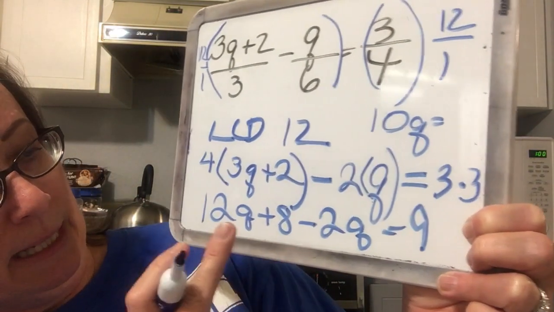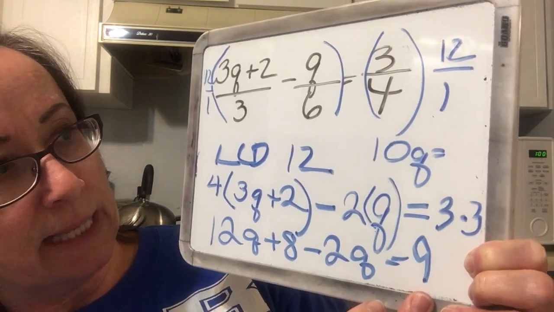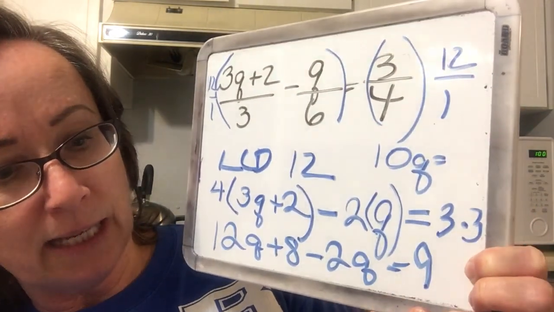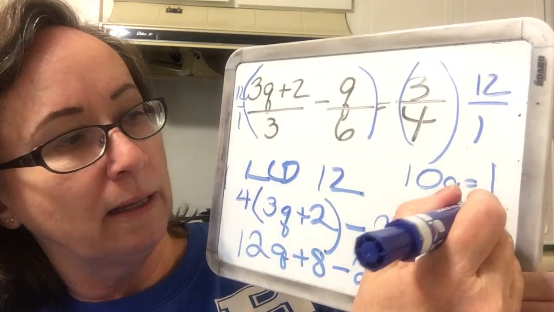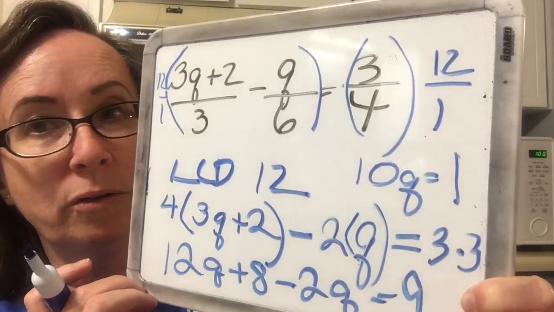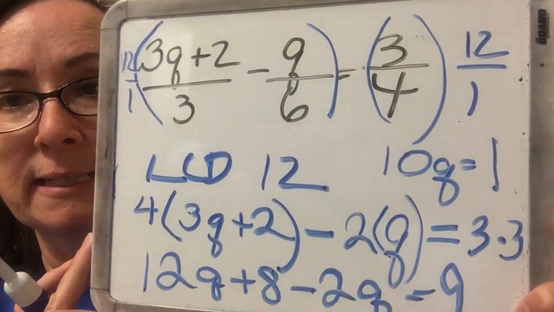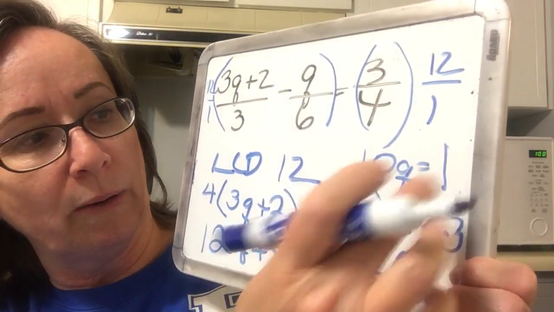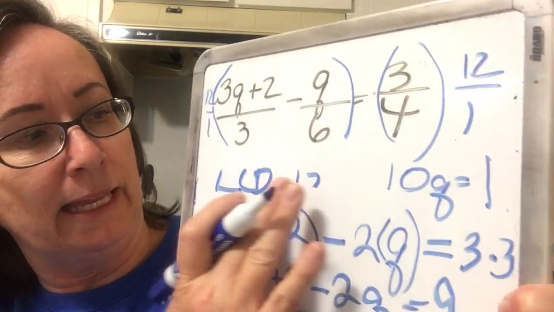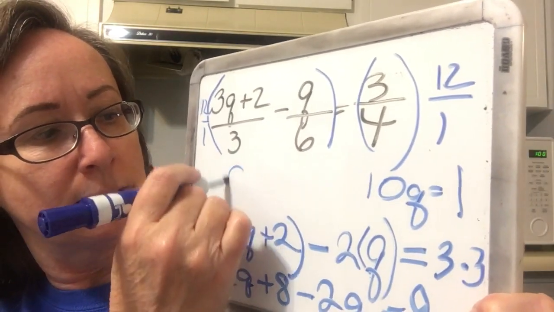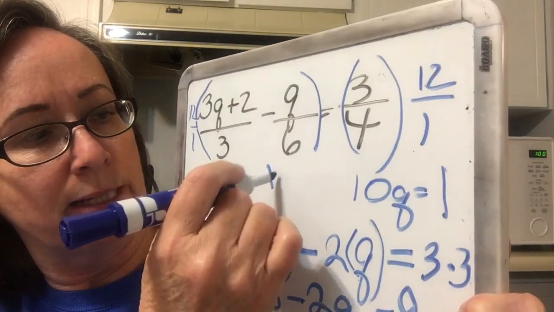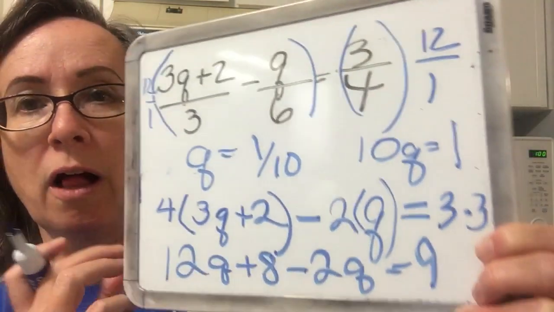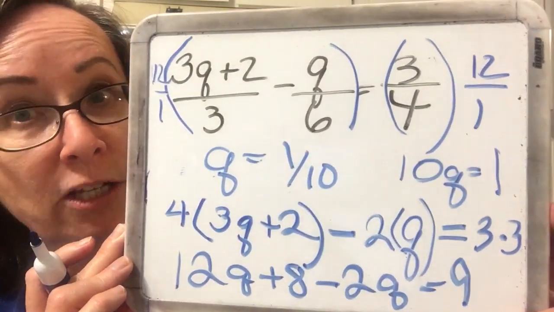Then I'm going to subtract an 8 from both sides, and I end up with 10q is 1, or q is 1/10. Since it's linear, I expect one solution, and q is 1/10 is the answer to this one. We were able to solve because it was an equation.